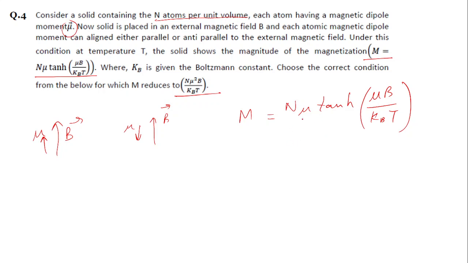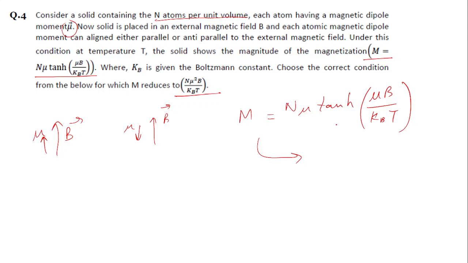This is the expression you must have encountered during the derivations for ferromagnetic material. Anyways, this is the magnetization, and we need to choose the correct condition from the options. Now for what condition will the magnetization reduce?